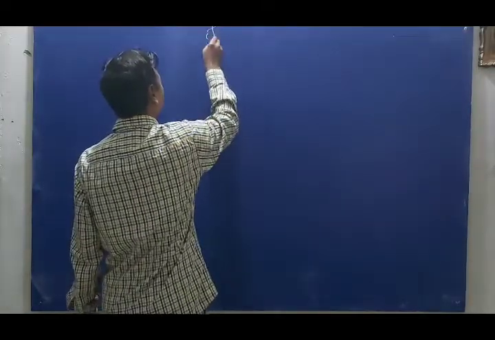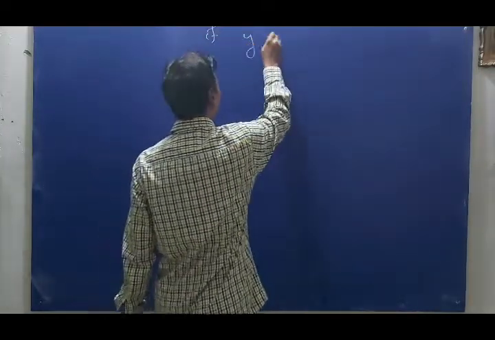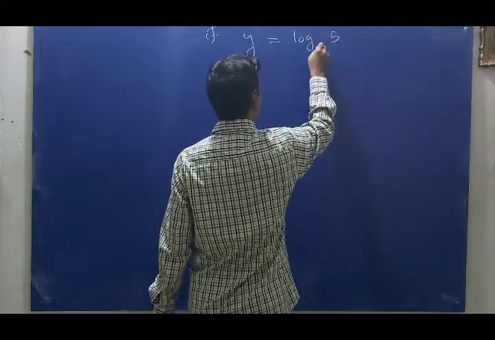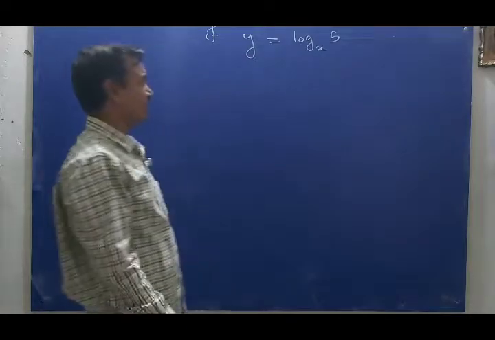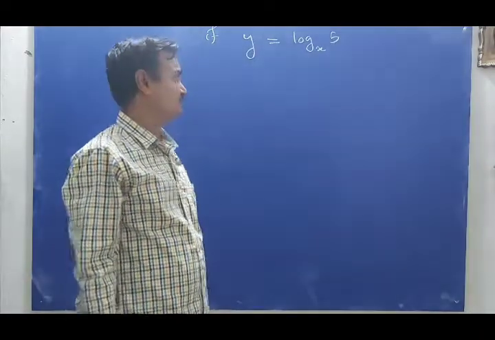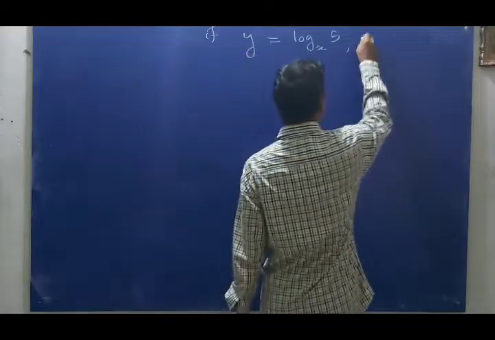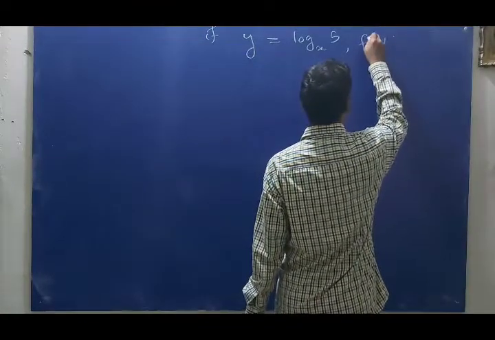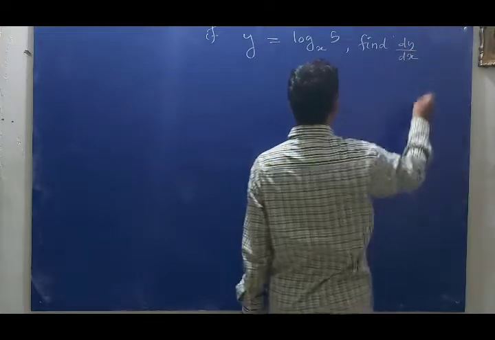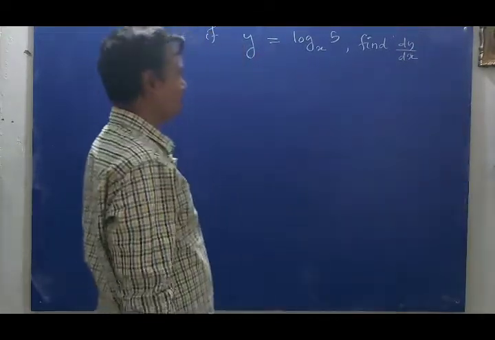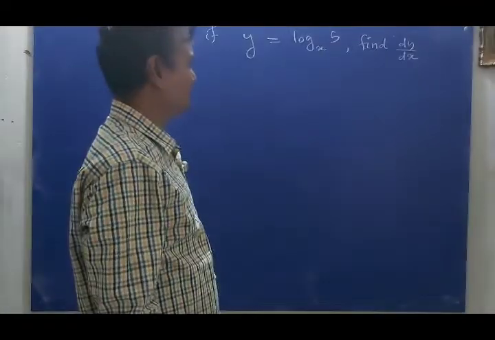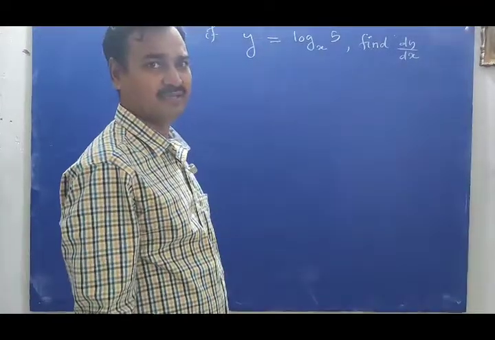If y is equal to log of 5 base x, then find dy by dx.